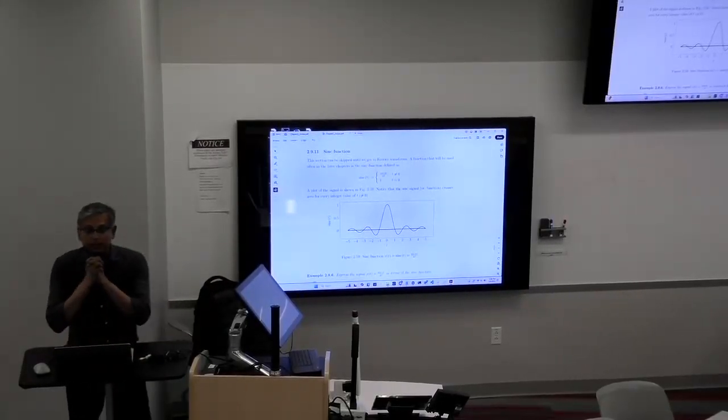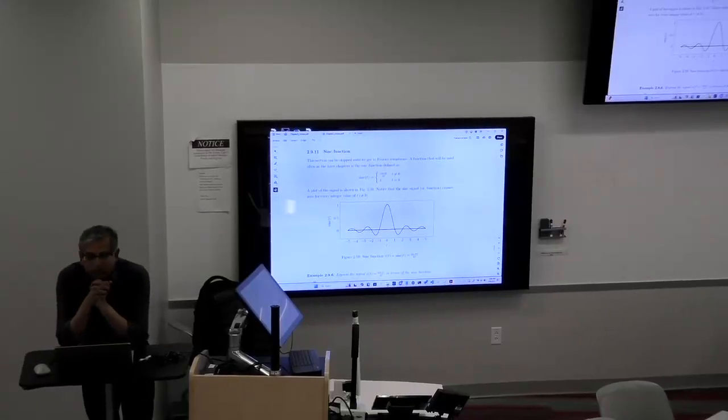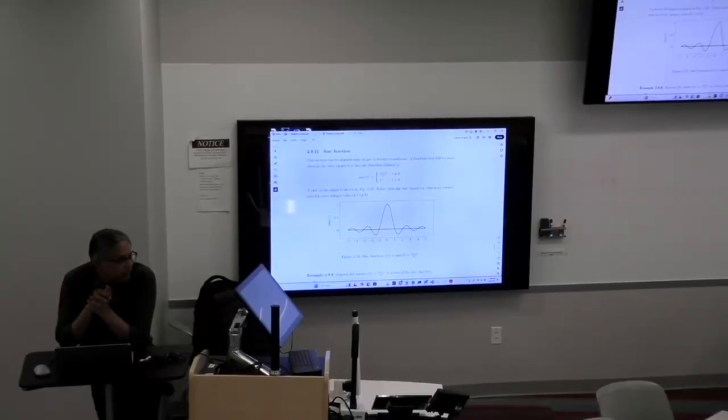Let's think about what will be the values of t for which the sinc crosses zero. What are all values of t for which sine pi t over pi t is 0? Integer multiples, or just integers actually? Just integers, right? Because I want sine pi t to be equal to 0. So when t is 0, sine pi t is clearly 0.